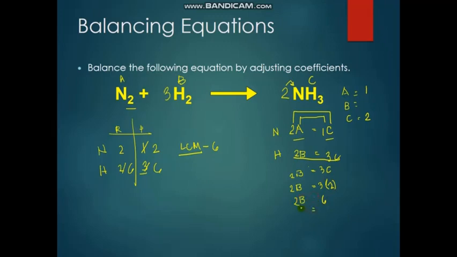Divide both sides by 2 to isolate B. So this will become 1, 2 divided by 2 is equal to 1. B is equal to 6 divided by 2, it will become 3. So you have 1, 3, 2. Therefore, this equation is now balanced.